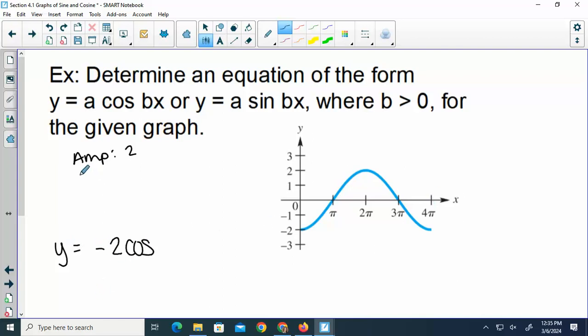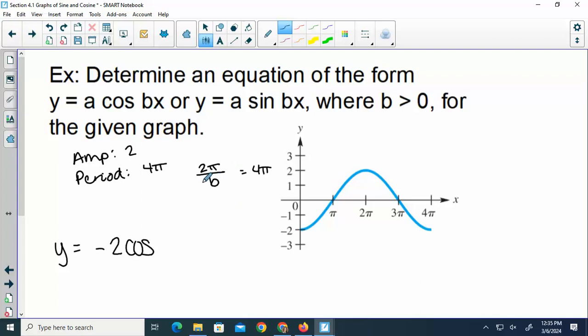Now, what is the period of this graph? It's 4 pi. So think about how we get period. We do 2 pi divided by the number in front of x, and it equals our period.